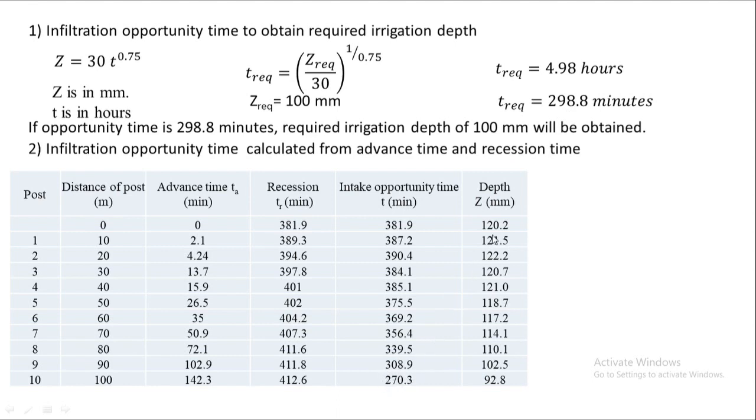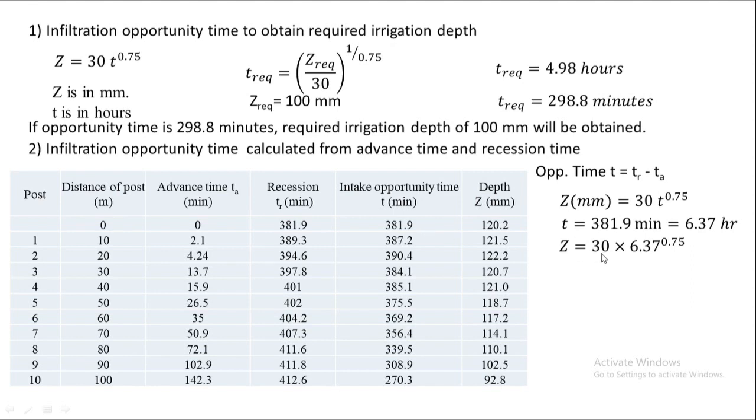So now we will use this equation: Z is equal to 30 t raised to 0.75. T is 381.9 minutes, which is equal to 6.37 hours.